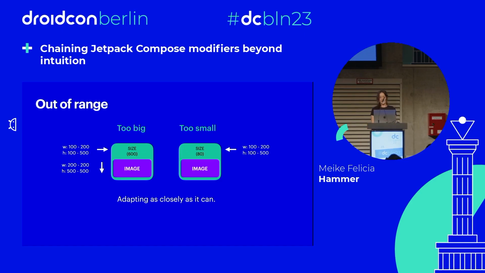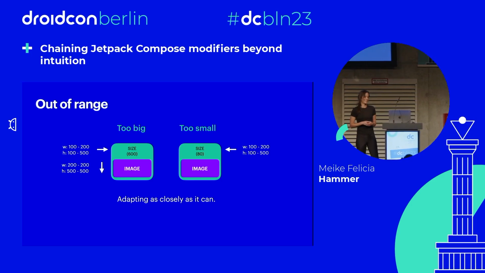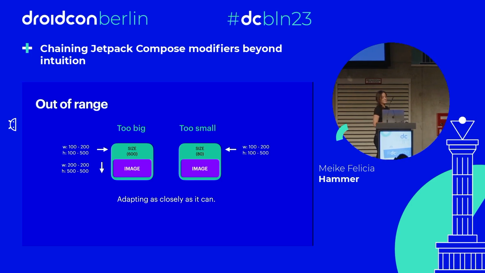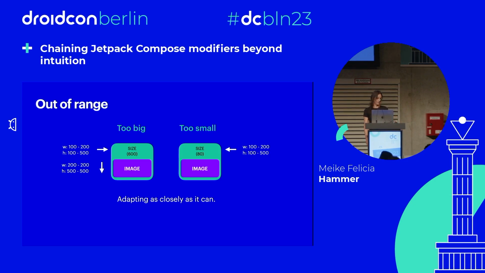Still respecting the incoming constraints and adapting as closely as it can, it would then have constraints of 200 by 200, so min-max the same value, and 500 by 500, because that's the maximum we can get. We cannot get any more here, nothing to do.